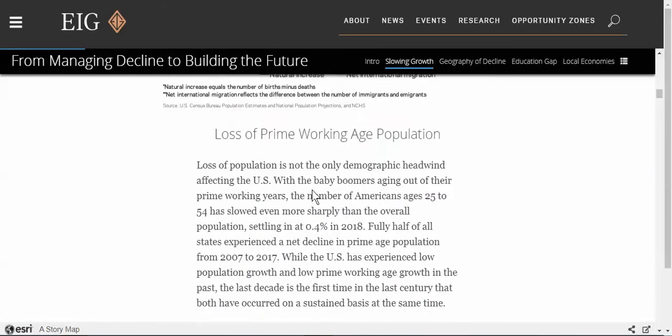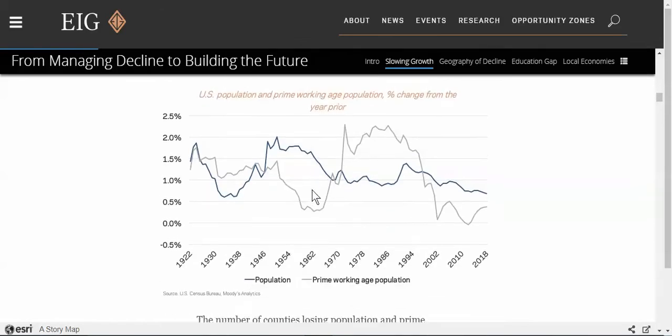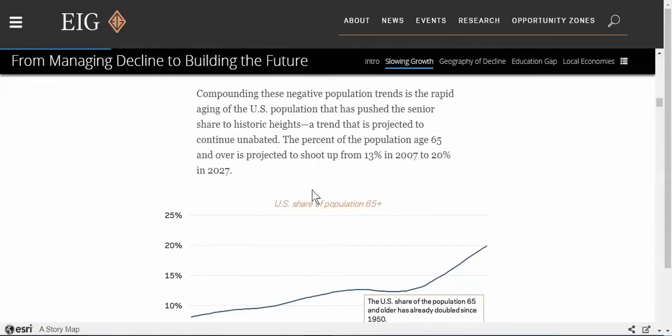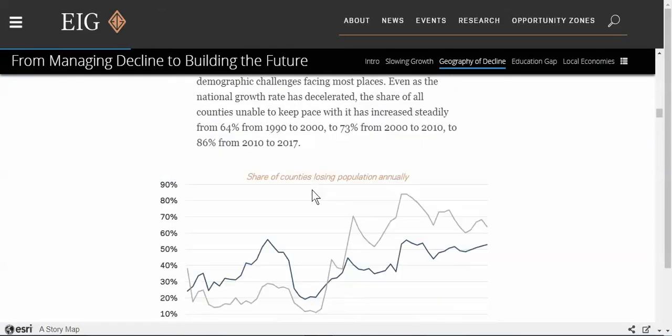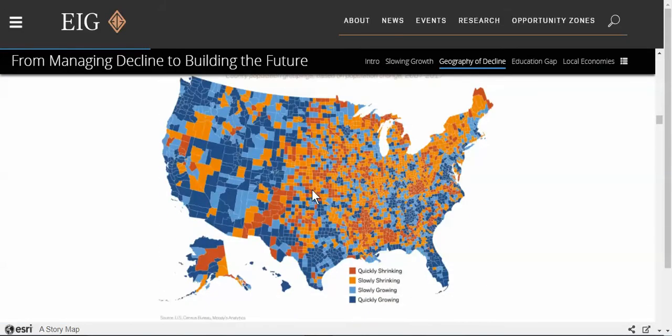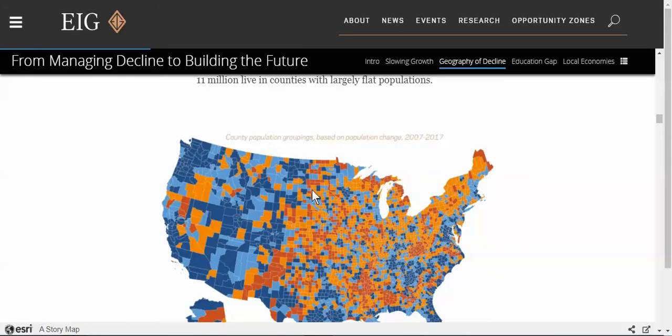But what I want to get to primarily are some of the maps that are presented here. I'm going to flip through those. But the main maps, and again, I really want to focus on these. If you look at this map, this is county level, so our enumeration unit is county level. The years are 2007 through 17, and so this is county population groupings based on population change.